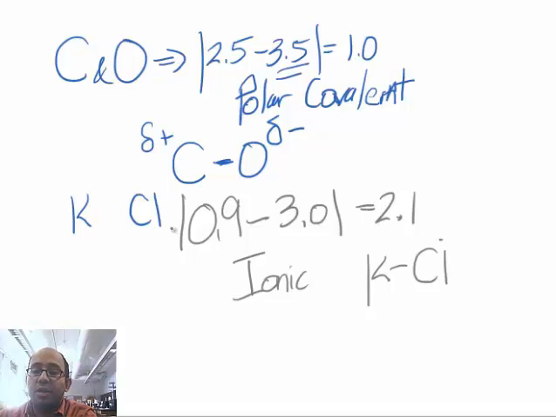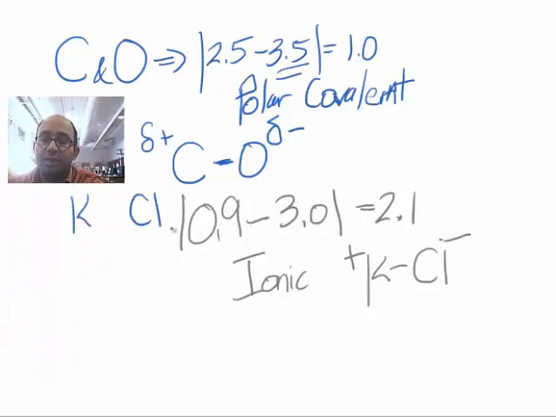So because the chlorine is taking away the electrons, the chlorine would be negative and the potassium would be positive. Notice the difference. When it's polar covalent, the charges are partial, using the delta symbol. When it's ionic, the charges are complete. Potassium is a completely positive 1 charge, and chlorine is a negative 1 charge.